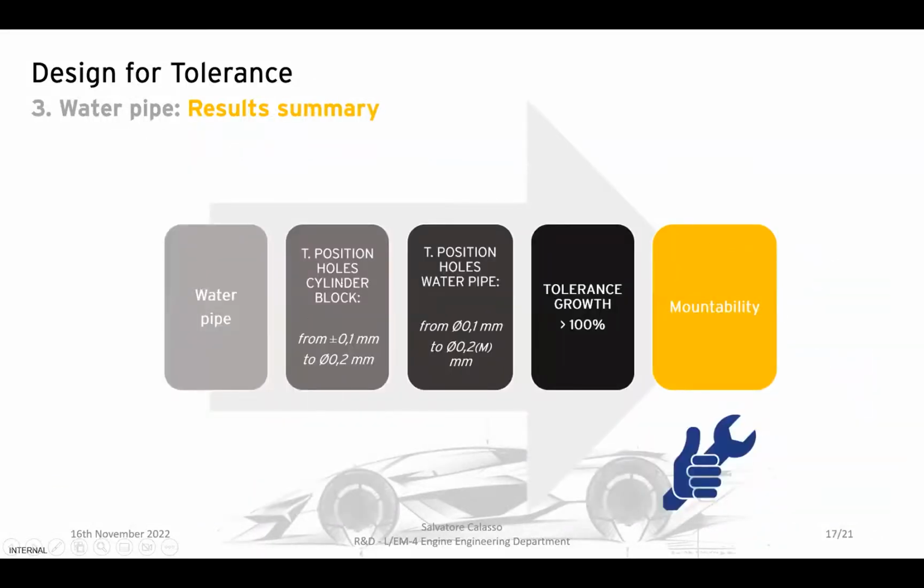And the result was that the tolerance position on the cylinder block side passed from plus minus 0.1 millimeter that was indicated as dimensional tolerances and not as geometrical position tolerances. So start from plus minus 0.1 millimeter to 0.2 millimeter as position tolerances. For the water pipe, we pass from 0.1 millimeter to 0.2 millimeter using the maximum material modificator, and with this value, we ensure the entire mountability of the part.